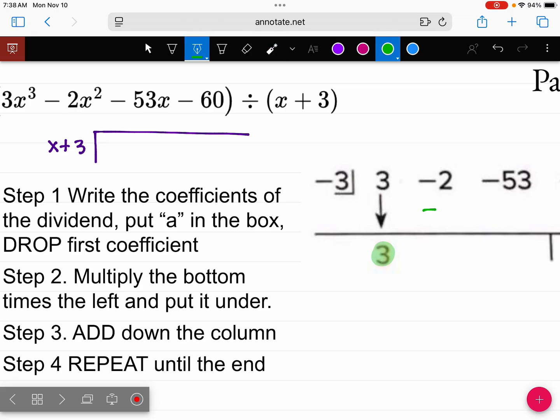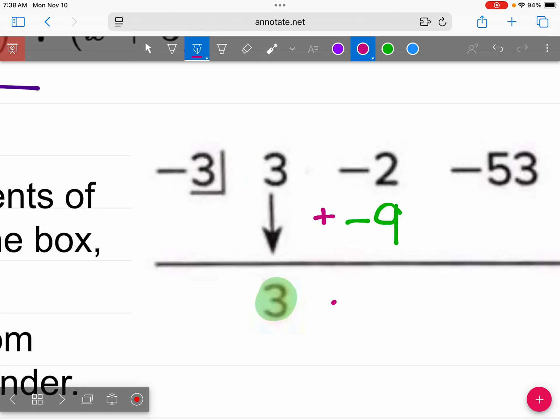So we get -9. Then instead of subtracting, this is the other big difference between our synthetic division and long division. Instead of subtracting, what we're going to do here is we're going to add. So I need to add -2 plus -9. And we're going to get -11.